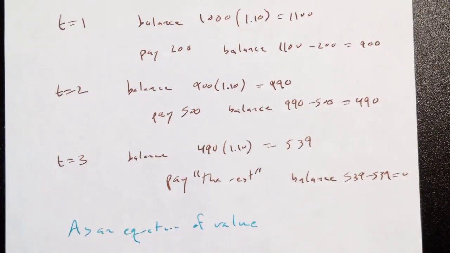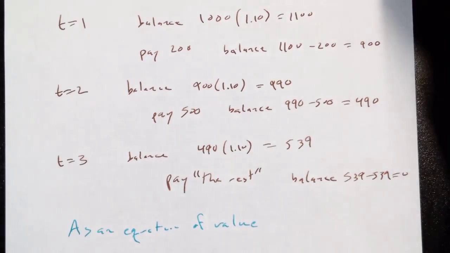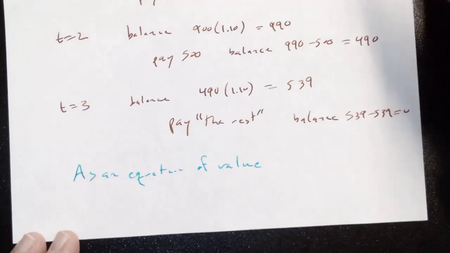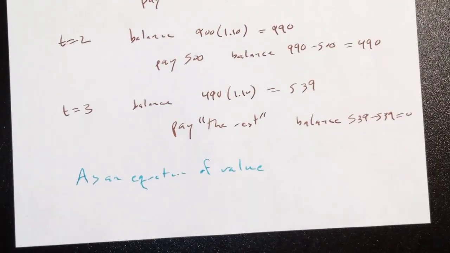If I'm going to do an equation of value, I need a time. I know exactly how much money I have at time 0, right? I have $1,000. So that would mean if I brought all the other payments to that time, I could compute the unknown amount based off of that.